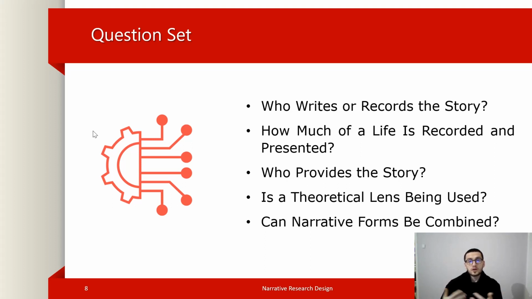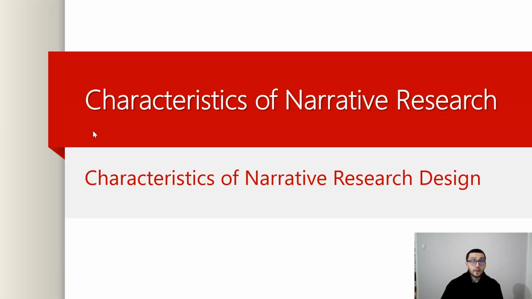Is it the researcher who writes or records it himself or herself, or another person? Then: how much of life is recorded and presented, who provides the story, is a theoretical lens being used, and can narrative forms be combined. These five questions would help us to detect types of narrative research design.